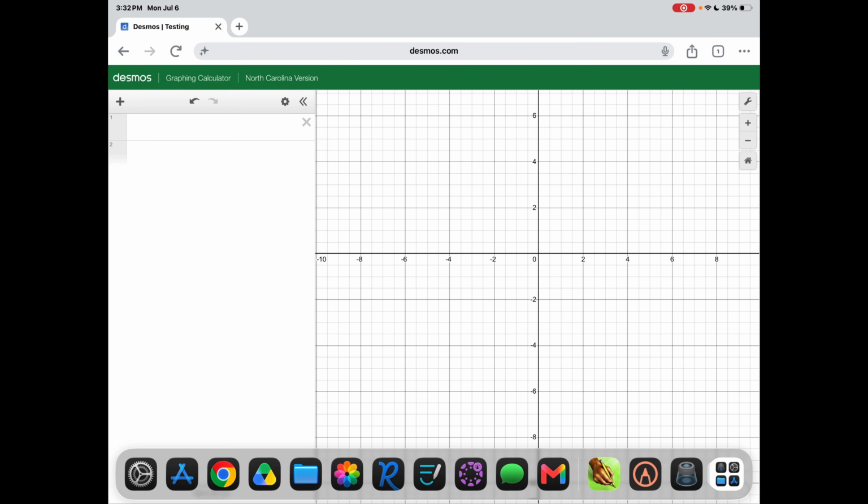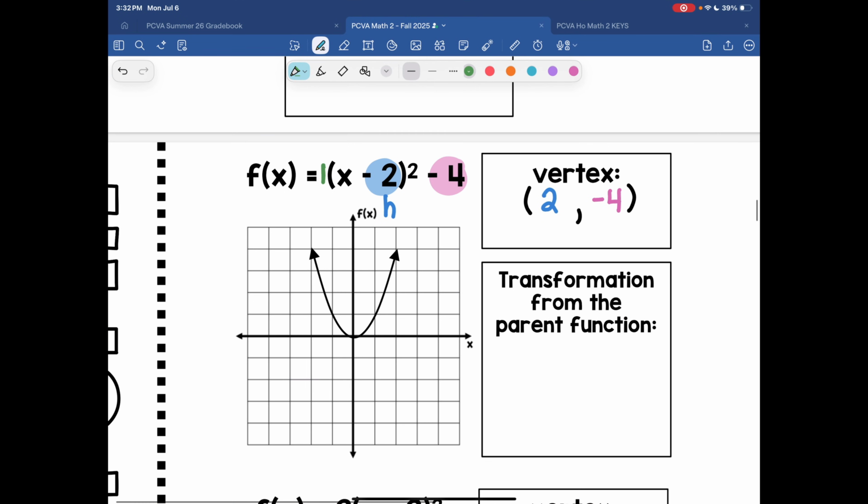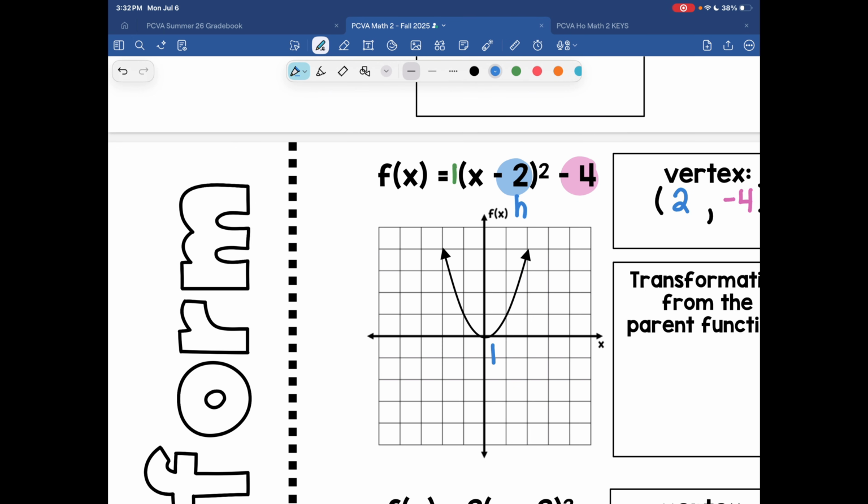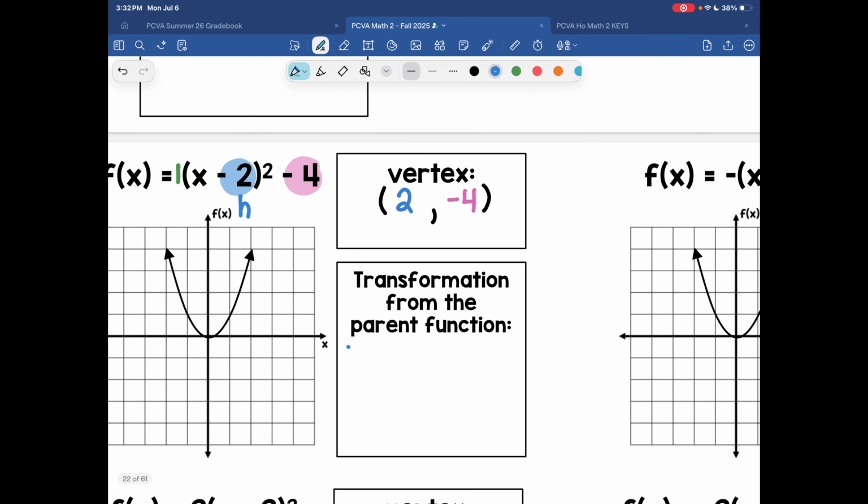So at this point, we're simply going to be shifting this graph, our parent function. For the H value, we're going to shift it to the right 2 units. And then for the K value, it's a negative number, so we're going to be going down 4 units.